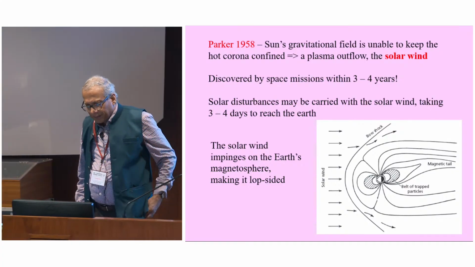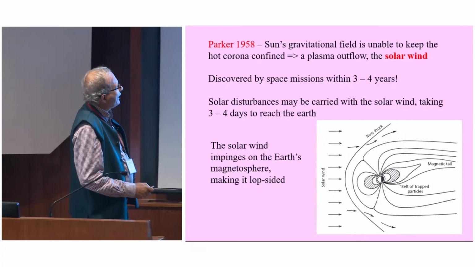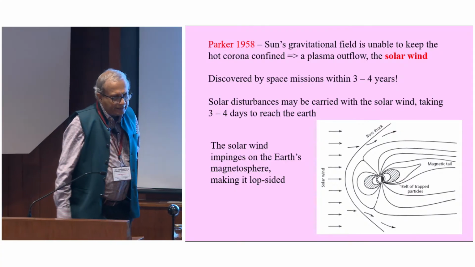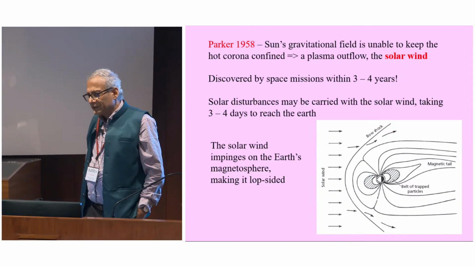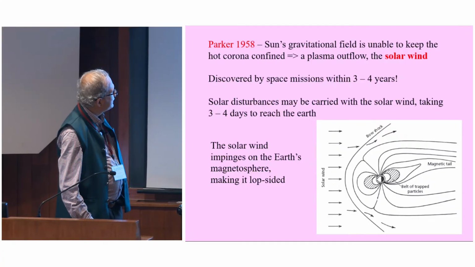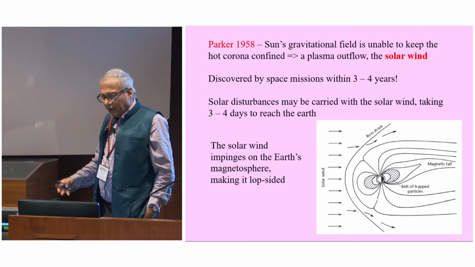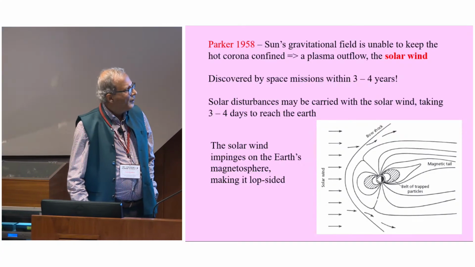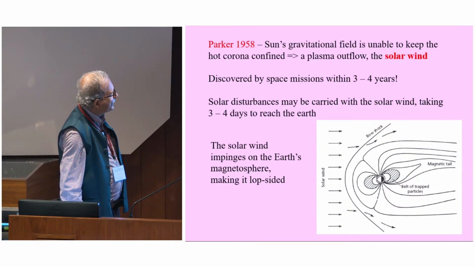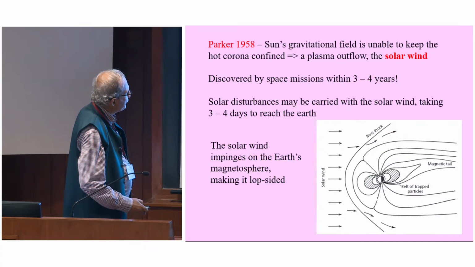When he first proposed this theory, most people thought it was a completely absurd idea, but within 3 or 4 years, the existence of solar wind was confirmed by in situ measurements from space missions, and it was found that the density and velocity of the solar wind were very much like what Parker had predicted. So this was considered a triumph of theoretical astrophysics.